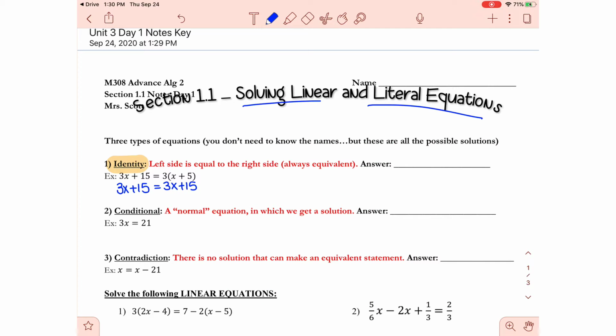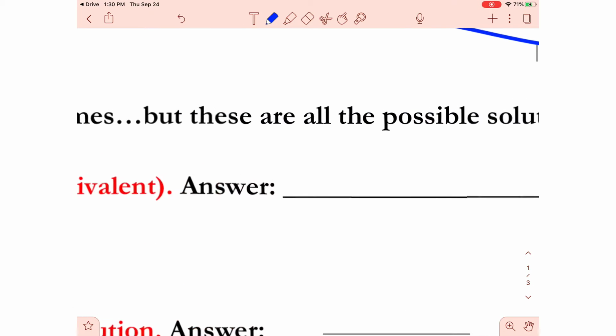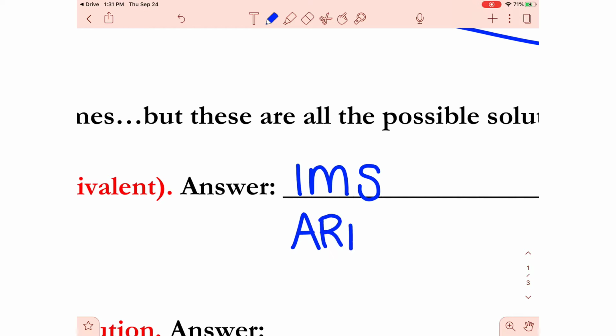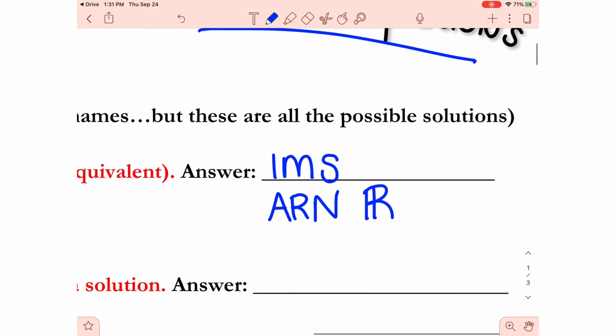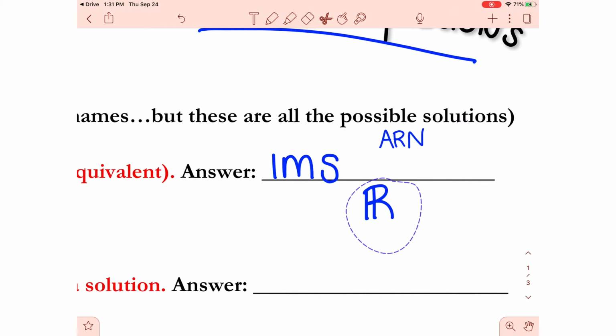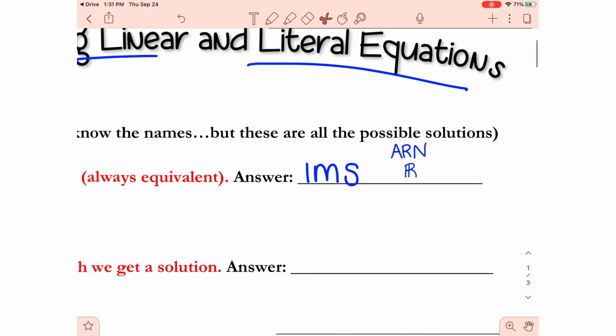And in this situation, your solution will end up being infinitely many solutions. Some people's teachers in Algebra 1 call it all real numbers. Some teachers do this fancy R, which stands for real numbers. And all of those are acceptable answers. I like IMS for infinitely many solutions.